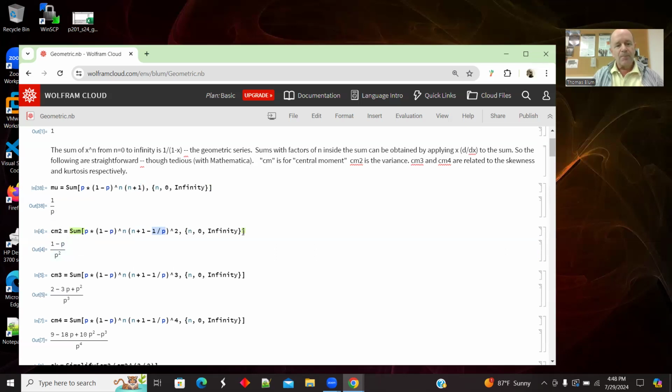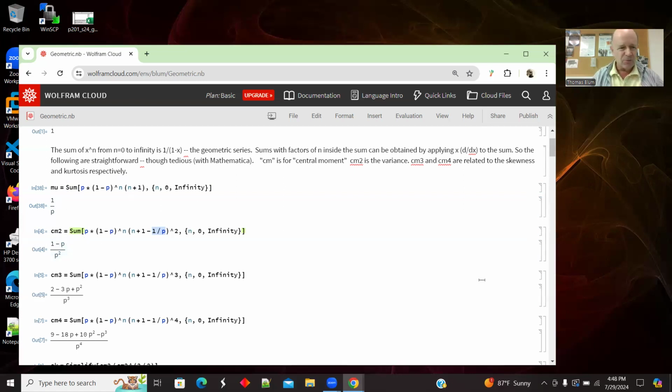That was 1 minus p on p squared. It's related to the standard deviation, another quantity related to the variance, where I just take the square root of that. That's another well-known result.